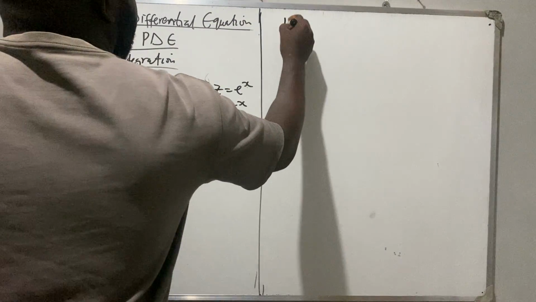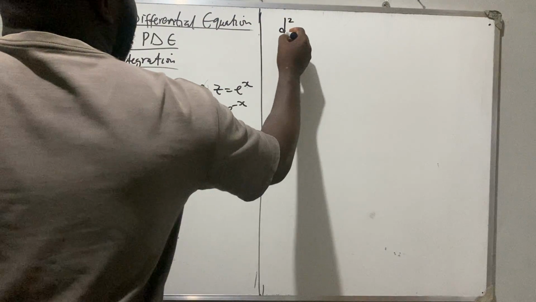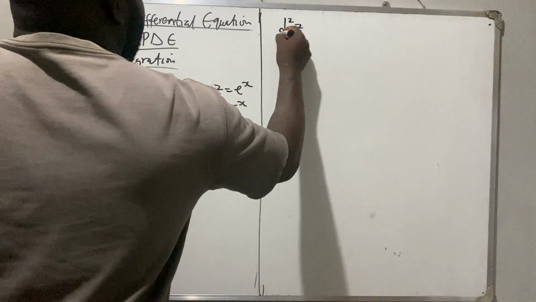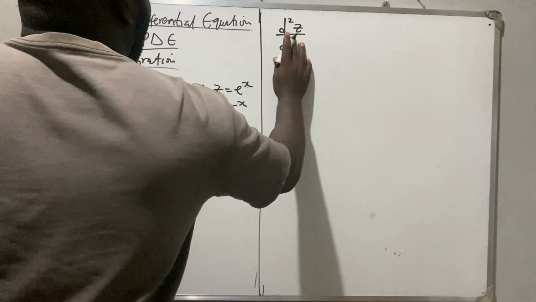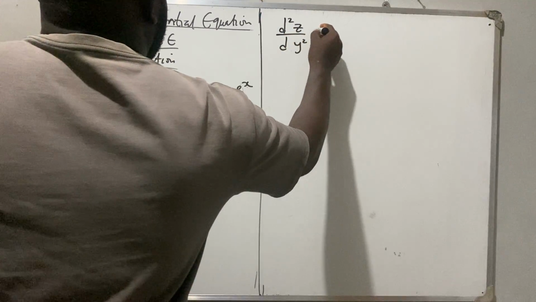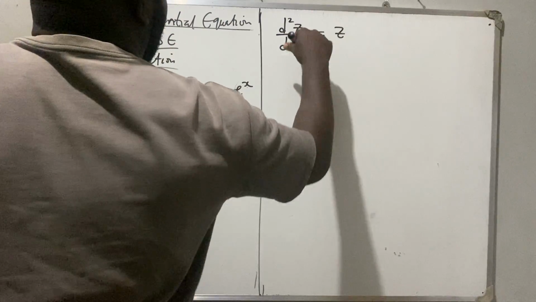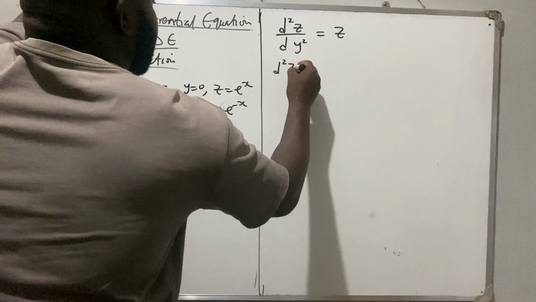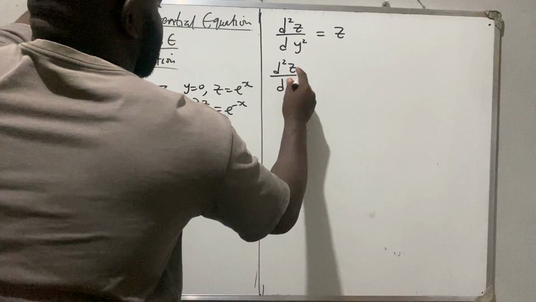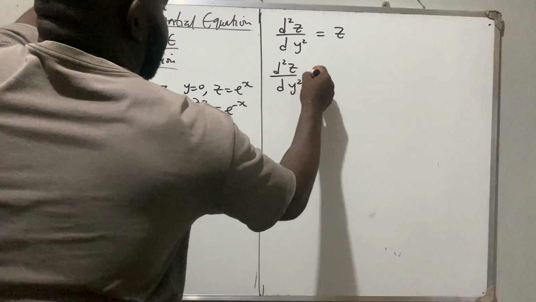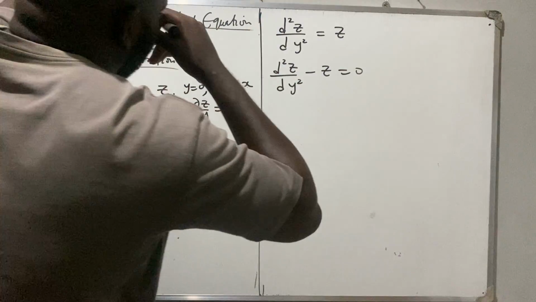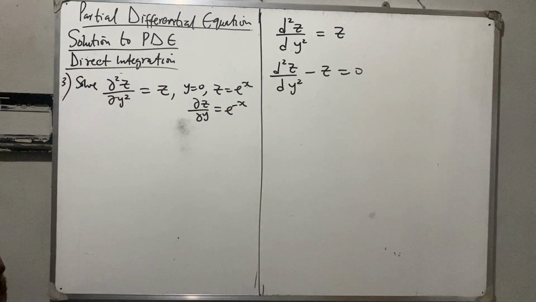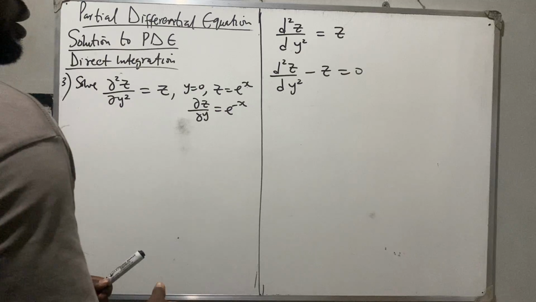So this will now be, if it's an ordinary differential equation, d squared z over dy squared is equal to z. So this one coming here, I'm going to have d squared z over dy squared minus z is equal to 0. So this is a second order homogeneous differential equation. So we're going to get the auxiliary equation.